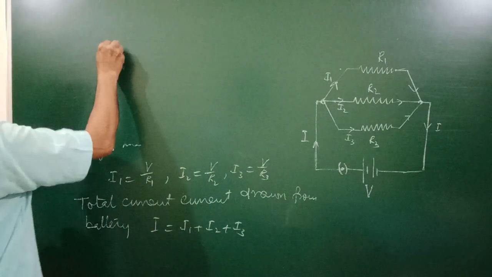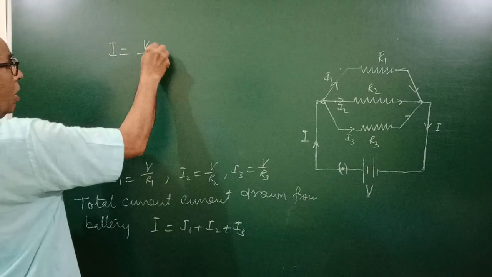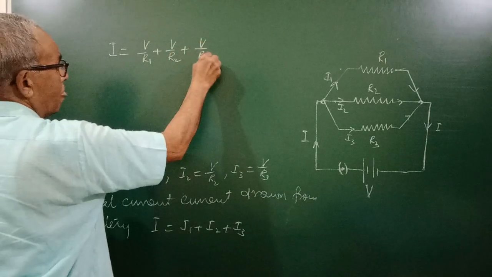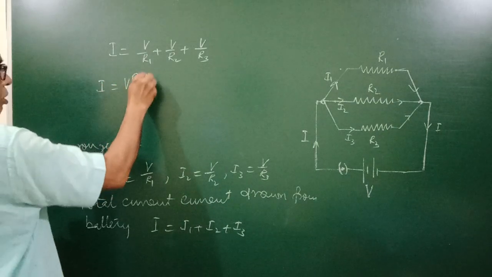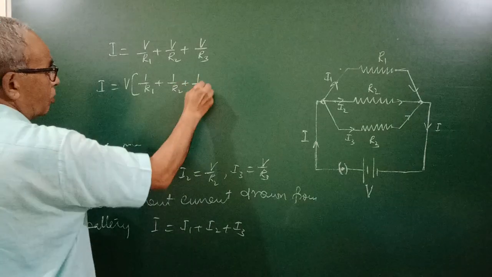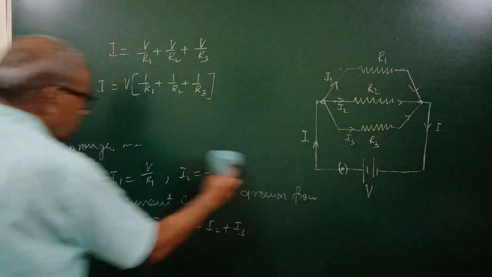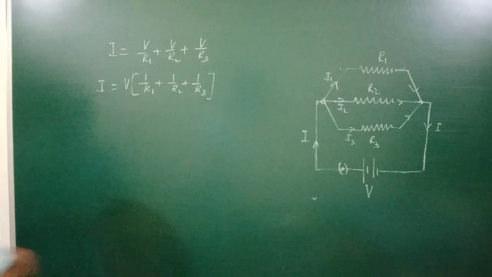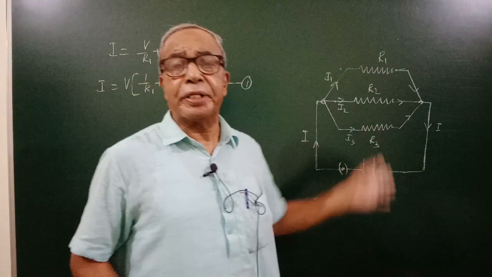Or I equal to V upon R1 plus V upon R2 plus V upon R3. Or I equal to V common bracket 1 upon R1 plus 1 upon R2 plus 1 upon R3. This is equation 1.